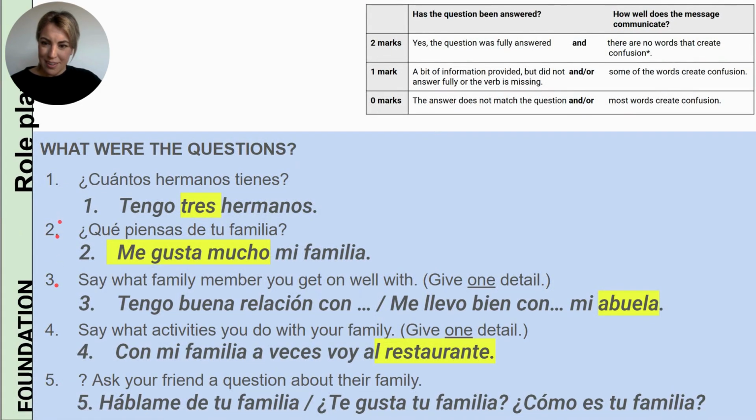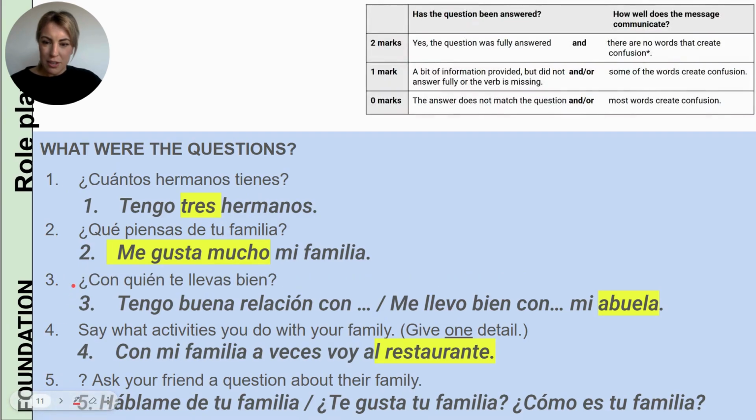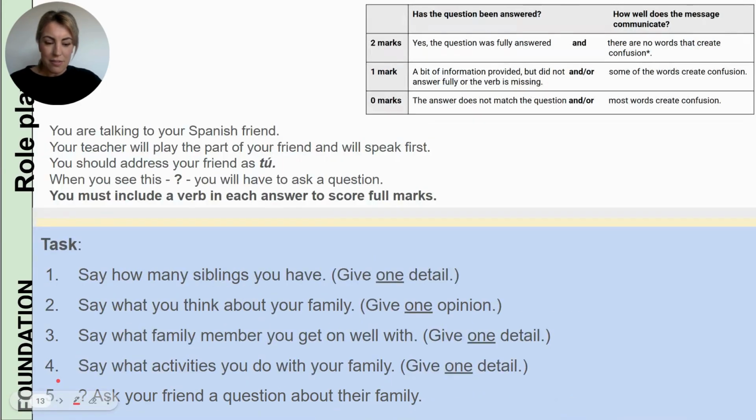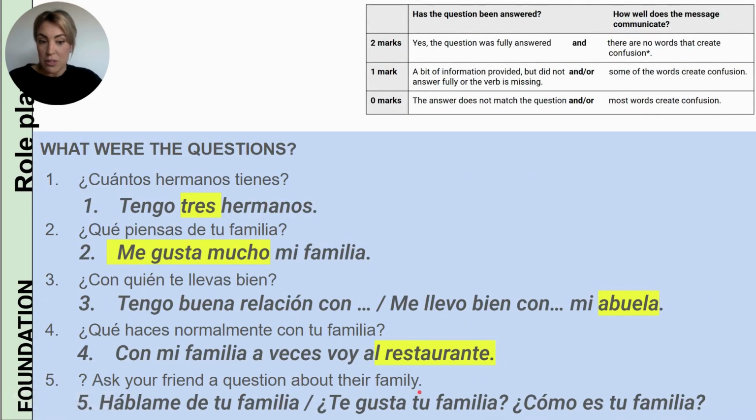Number 3, the question was, ¿con quién te llevas bien? Tengo buena relación con mi abuela. 4, ¿qué haces normalmente con tu familia? Con mi familia a veces voy al restaurante. Y 5, you asked me, ¿te gusta tu familia o cómo es tu familia? And I said, sí, es genial.